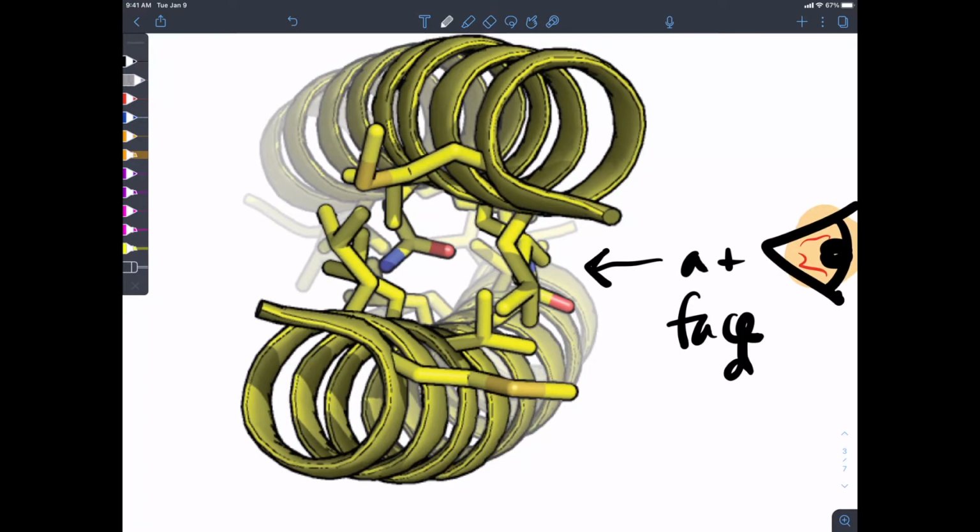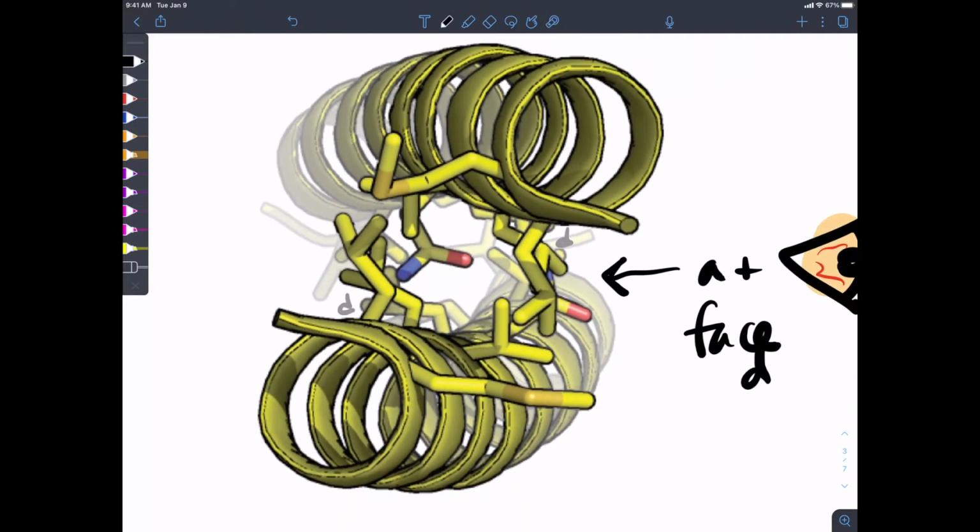Here we're looking at one of the D position leucines, and it's thought that if we were beta-branched there, if we had, say, another methyl group, those methyl groups would really get in each other's way. However, this is going to be tough to see, but there's a valine side chain right here underneath the methionine.